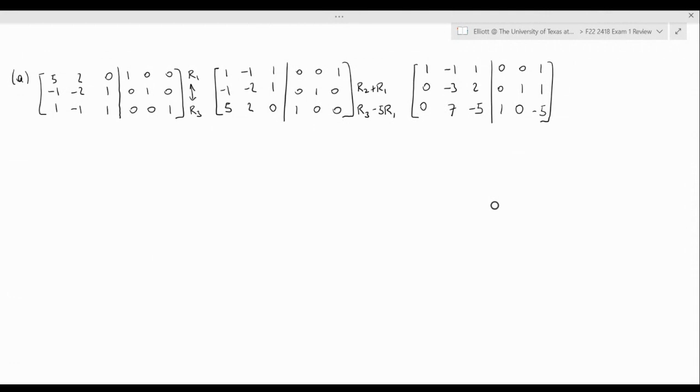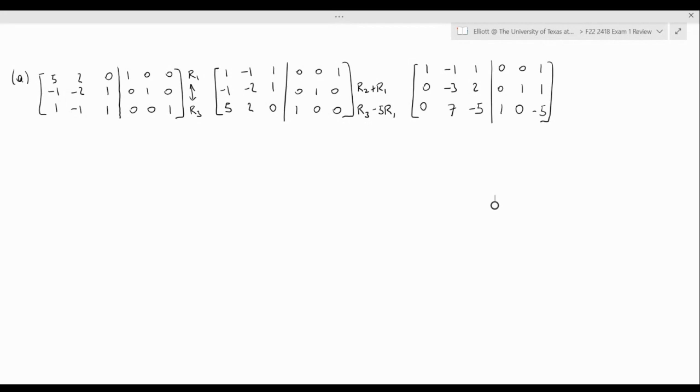So personally, I try to avoid fractions as long as possible when I'm doing these problems. Now, if the inverse is supposed to have fractions in it, then at some point you have to start getting fractions in your work. So you can't put off the fractions forever if the answer has fractions in it, okay?